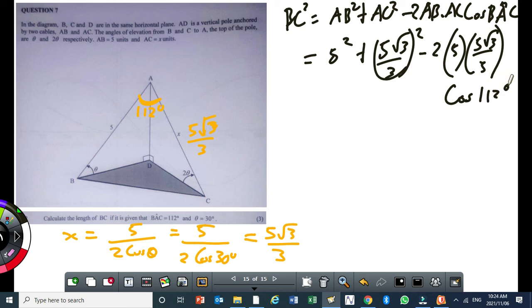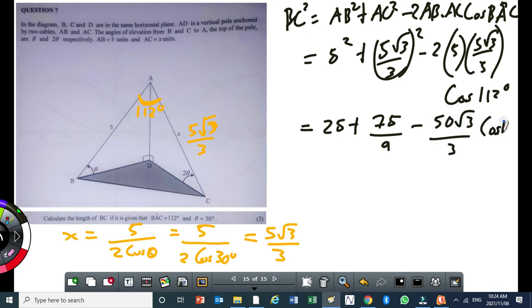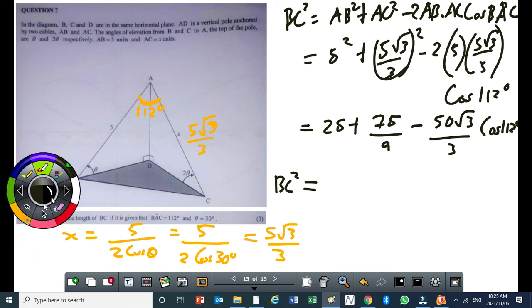Right? You simplify that. Let me simplify it a little bit. So this will be 25 plus 25 times 3, that's 75 over 9, minus 2 times that. Well, that's 10, that's 50 square root of 3 over 3 times cosine of 112. So you get BC squared. What is that equal? You have to be a guru of your calculator.